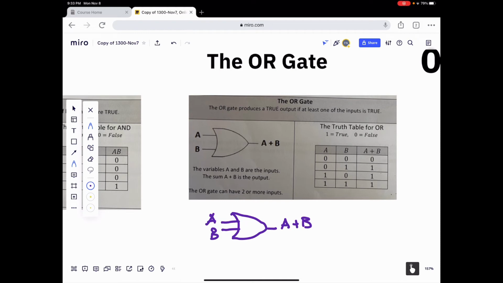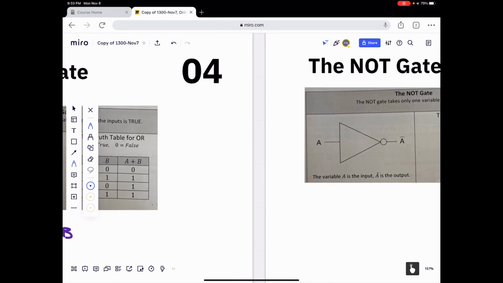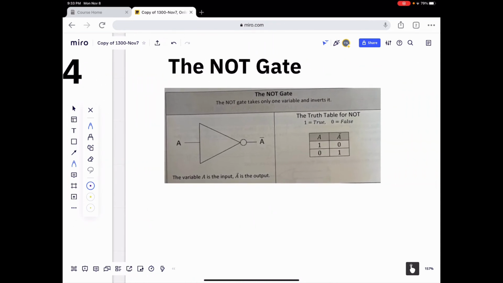Okay, and the last one is the NOT gate. The NOT gate looks like a triangle. You have only one input, A here, and you give another output with a little circle next to it.